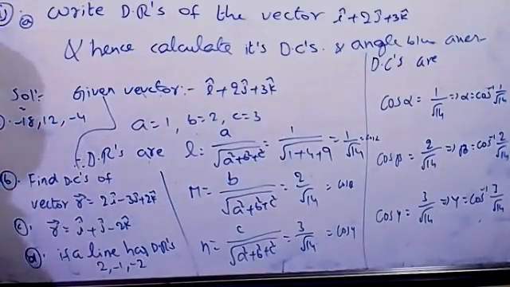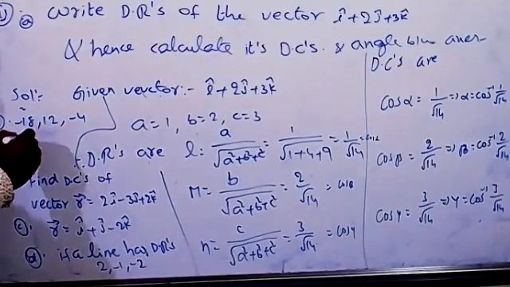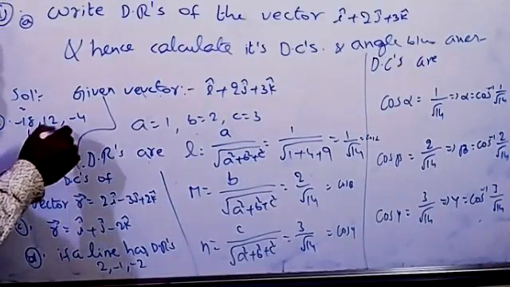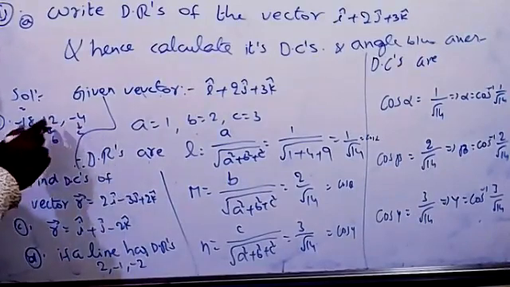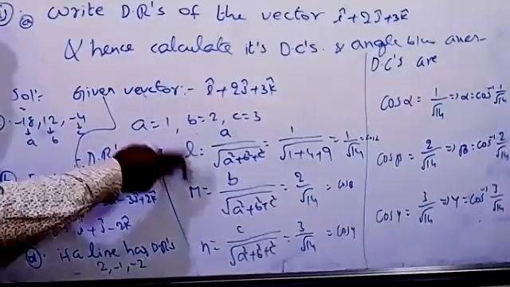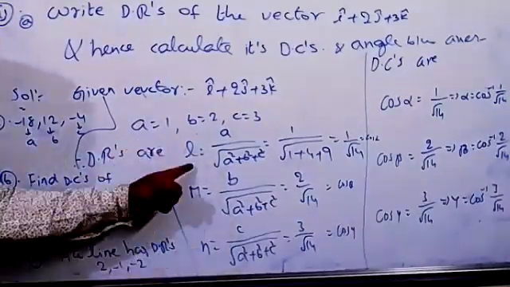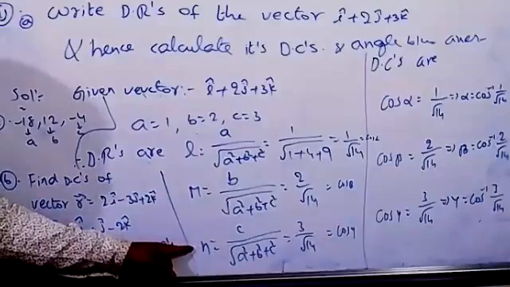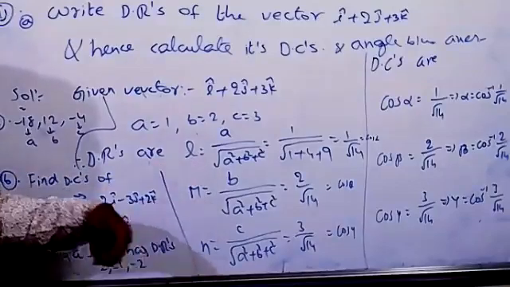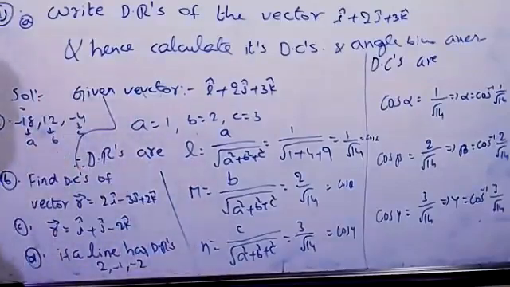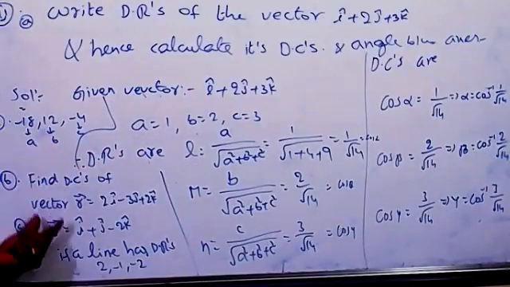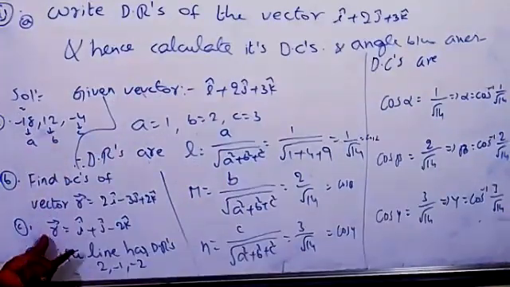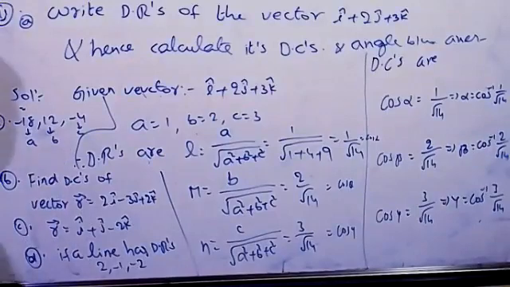Same thing directly can take. In this case, if they give the three values, this is the value of A, this is the value of B, this is the value of C, you can take. Okay. Same procedure again. Find the value of L, M, and N. These three only we call as the direction cosines. Yes, find it. These four questions, try it. 1, 2, 3, and 4. Because same model.